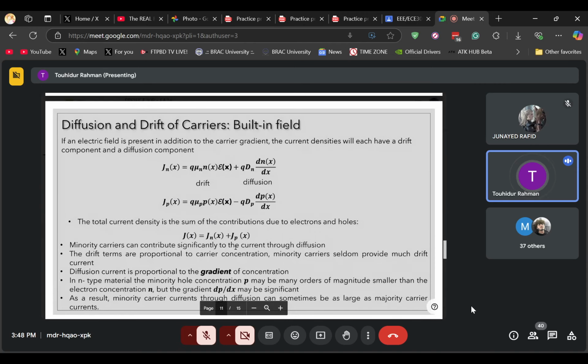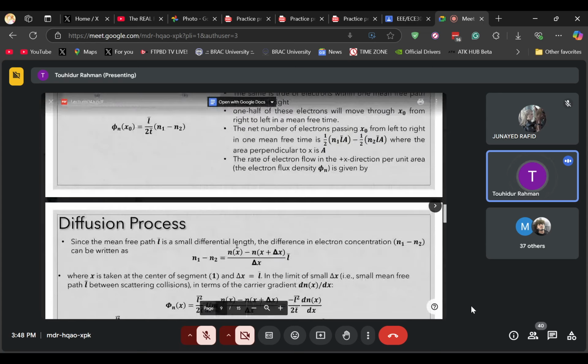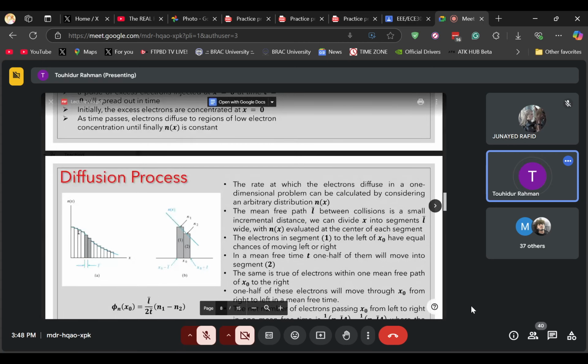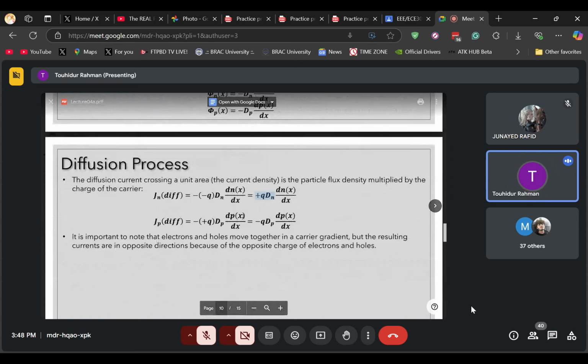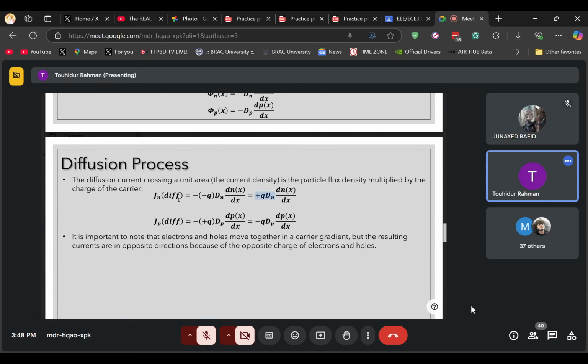So here is another interesting concept. We see that when we have a concentration difference, there is a flow of carriers, and flow of carriers will contribute to flow of charge, and that means there will be a flow of current, and that we call diffusion current.